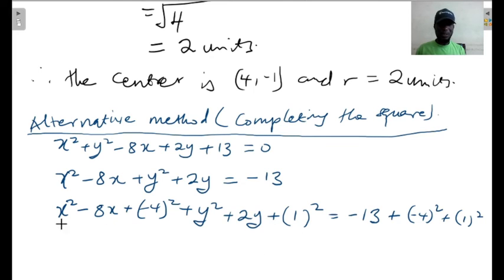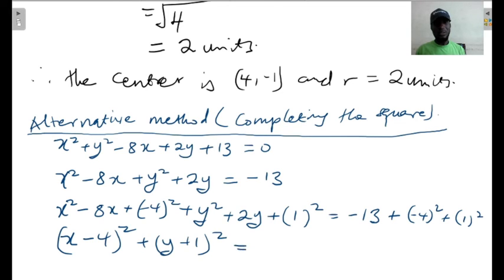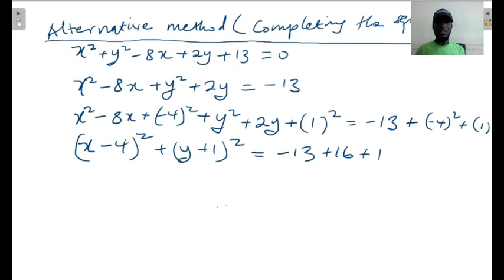So by completing this, to factorize this, you are going to get x minus 4 all squared plus y plus 1 all squared equals negative 13 plus negative 4 squared is 16 plus 1 squared is 1, and this is going to give us x minus 4 all squared plus y plus 1 all squared equals negative 13 plus 16 is 3 plus 1 is 4, so equals 4.